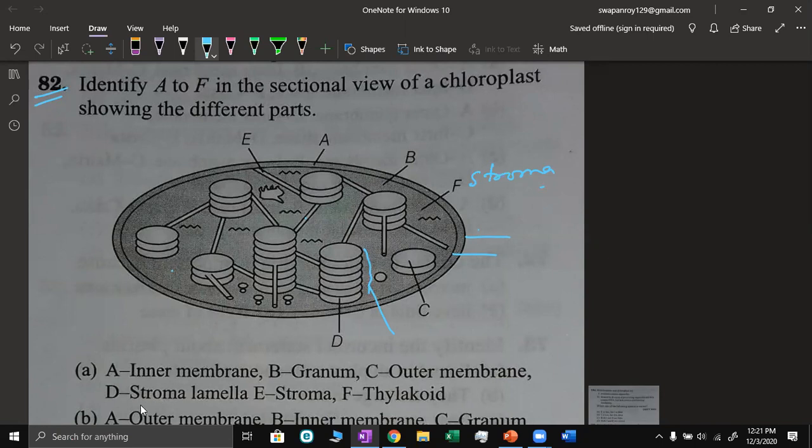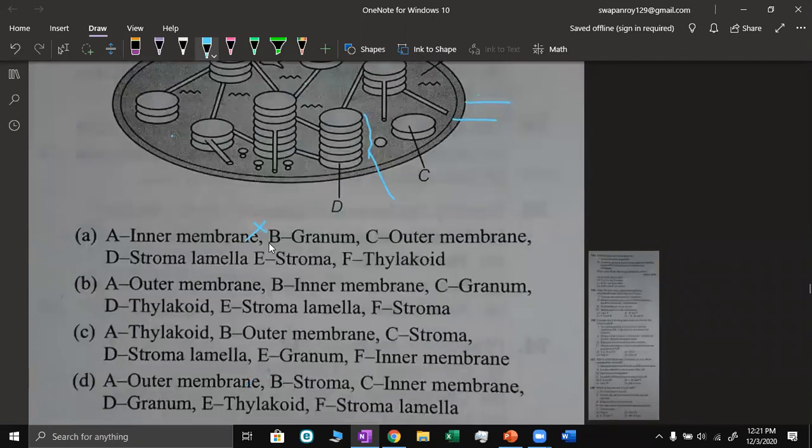Yes, A is inner membrane. B is granum, no, so this one is not. You need not compare all of these. If you know the structure, by seeing any one of these labels given, A, B, C, D, E, you can tell whether this is correct or not.